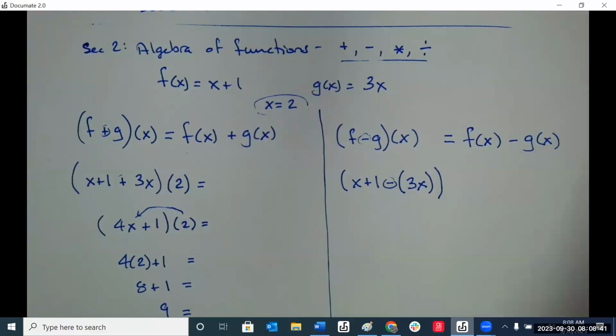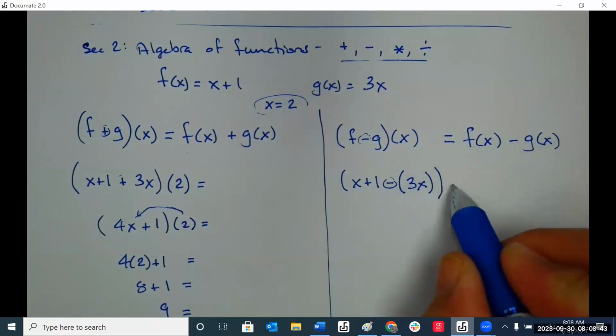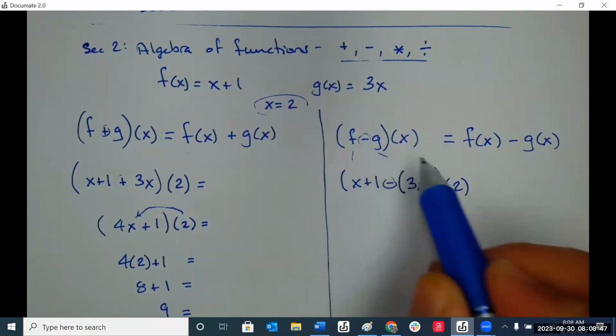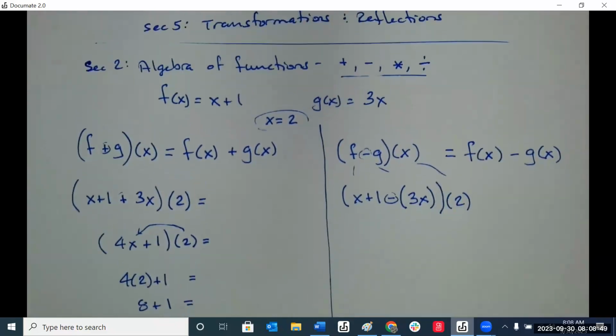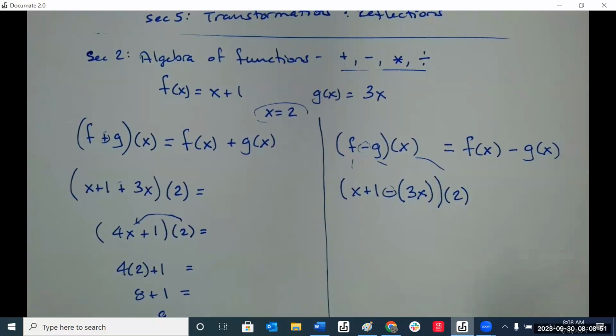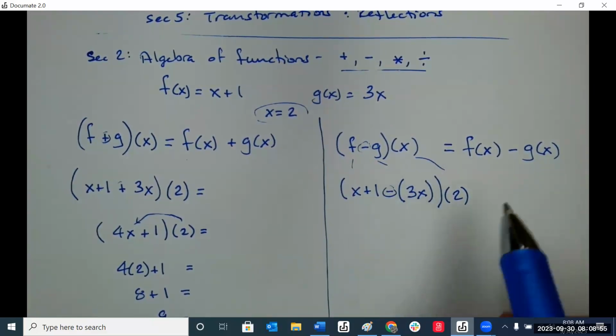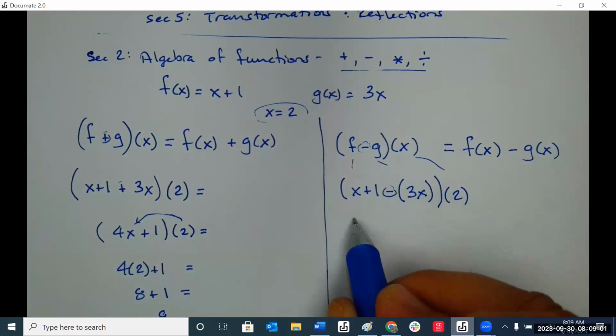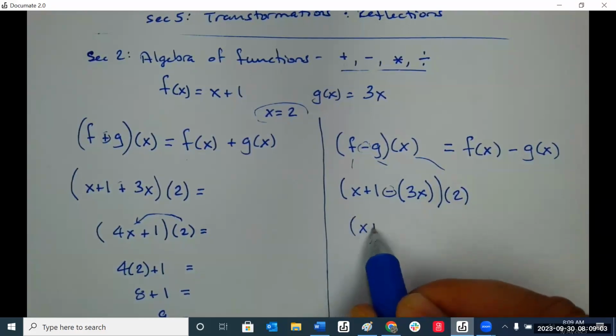Everything else stays the same. So we just substituted those, and there's my value of x. Follow the order of operations. Can you do anything inside this parenthesis? No, since it's only one term. So we don't need that parenthesis.